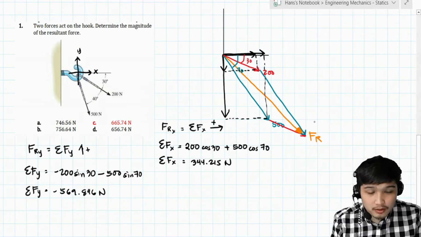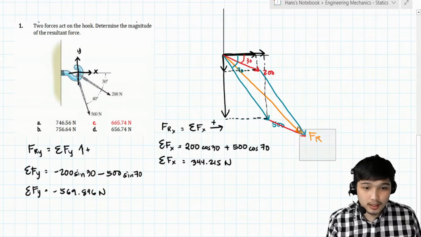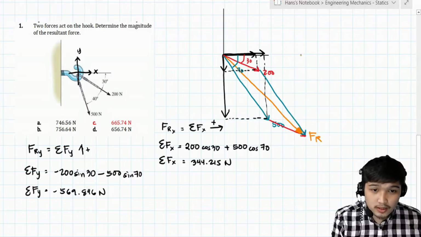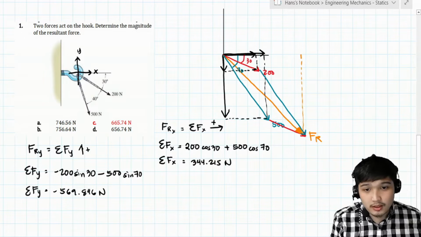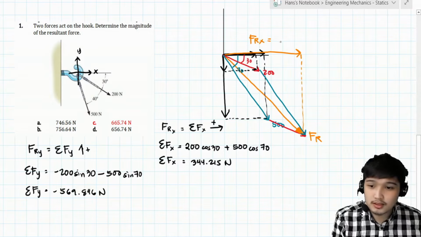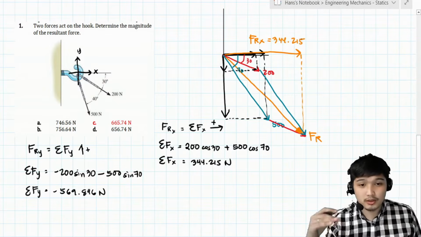So, therefore, kung titingnan natin to class, yung FR, yung orange, kung gagawa tayo ng projection, itong horizontal projection na to, ito yung horizontal component ng FR, which is positive 344.215, which is correct, towards the right.